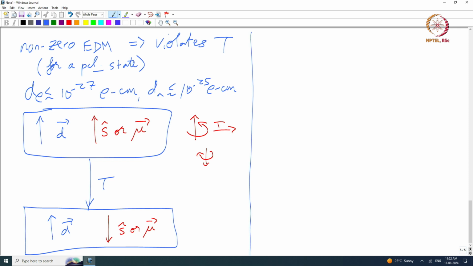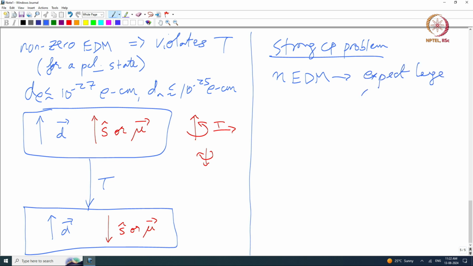This is how we know that in the strong interactions we saw the strong CP problem. By measuring the neutron EDM, we saw that in the strong interactions you expect large CP violation, but you get a level of CP violation consistent with 0.